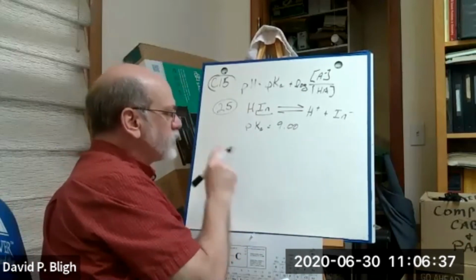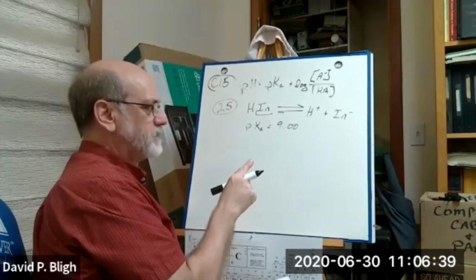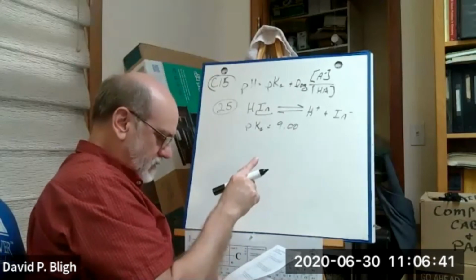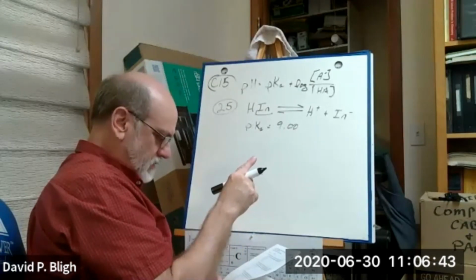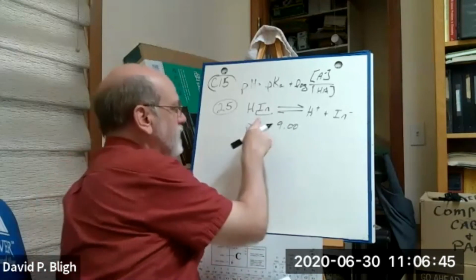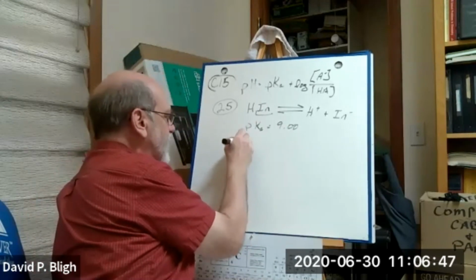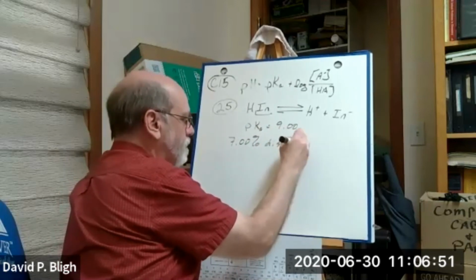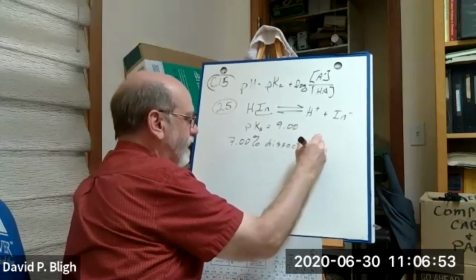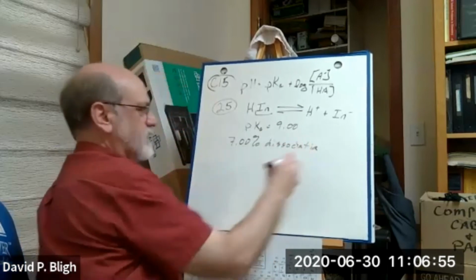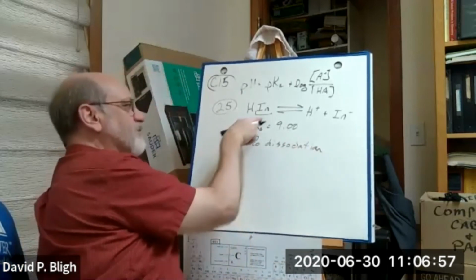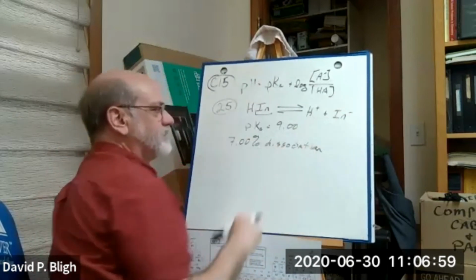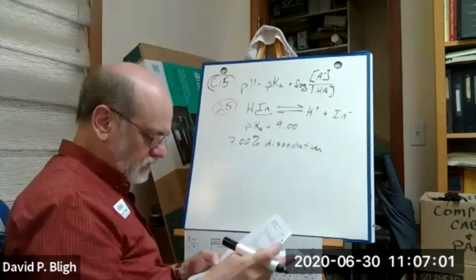And the color change becomes visible when there's 7% dissociation, which means 7% of this becomes that. Okay.